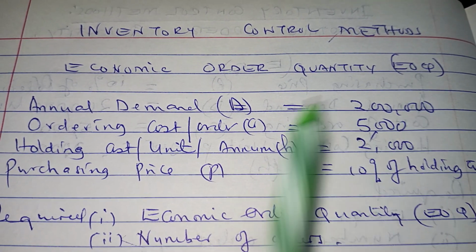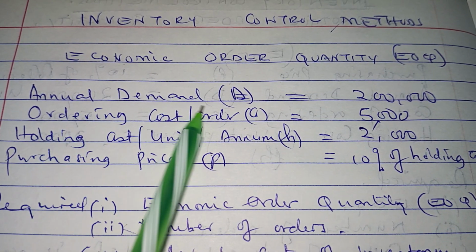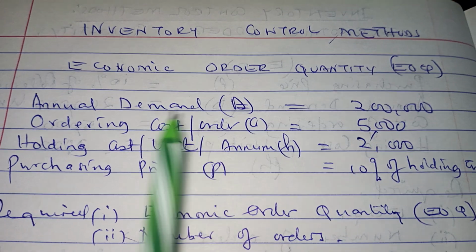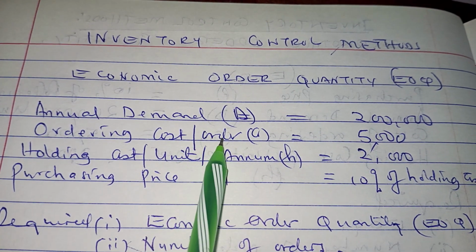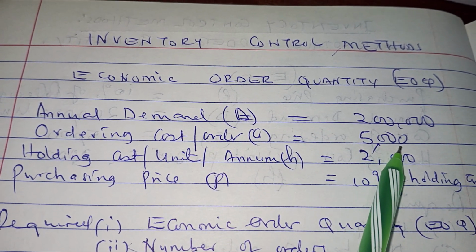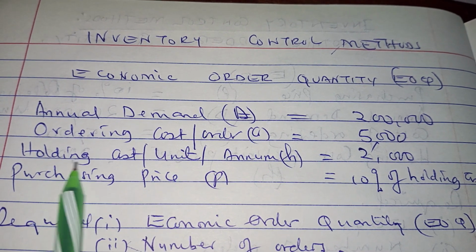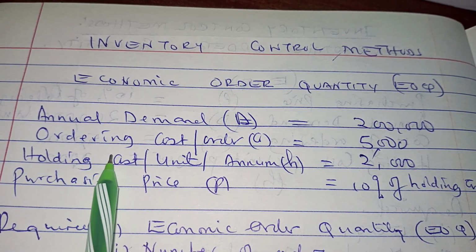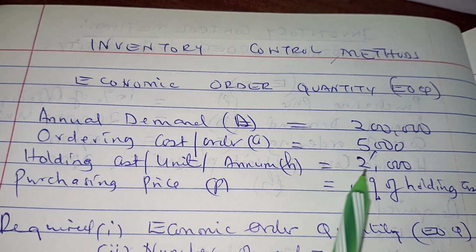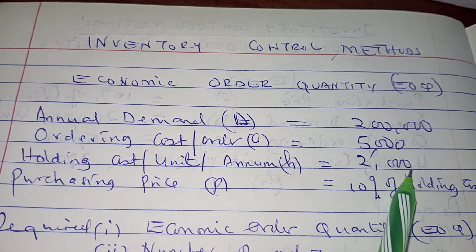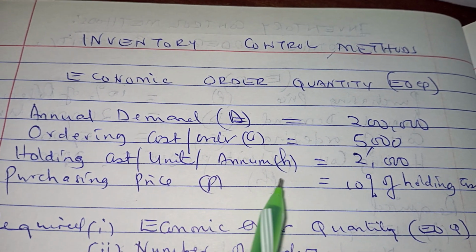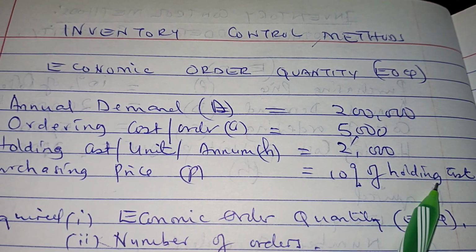Today we look at inventory control methods and we shall measure the economic order quantity, EOQ. The question says the annual demand is given as 200,000 units. The ordering cost per order is 5,000 shillings per order. The holding cost per unit, also called the carrying cost, is 2,000 shillings, and the purchasing price is given as 10% of holding cost.